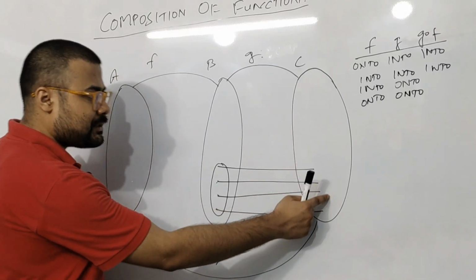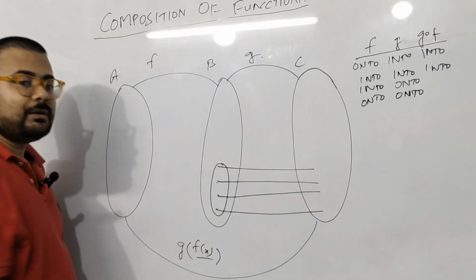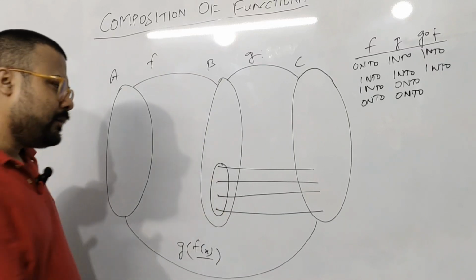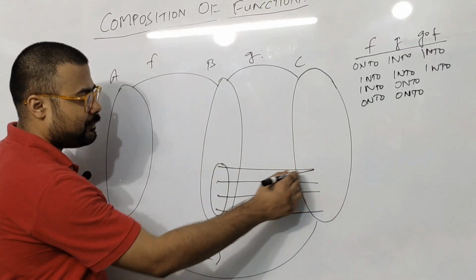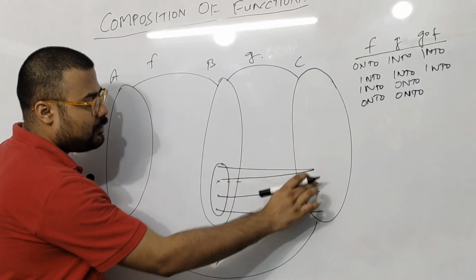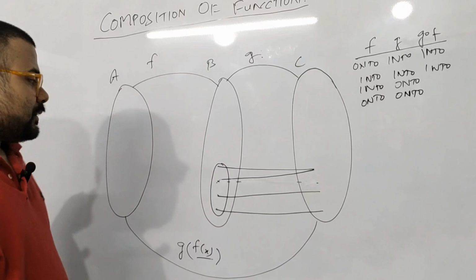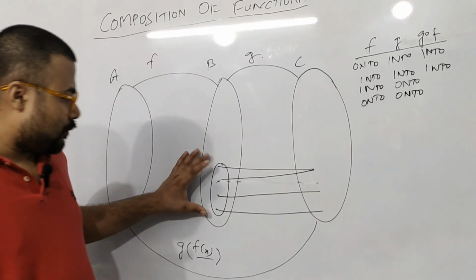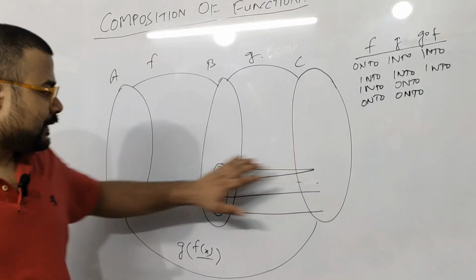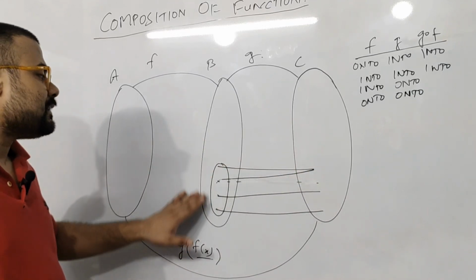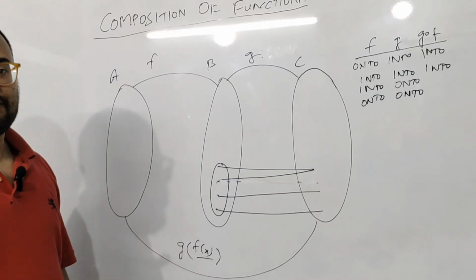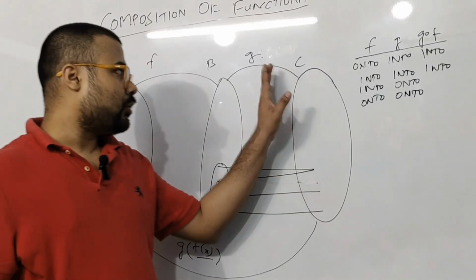So for these elements in your C, they don't have any pre-image other than this set. So maybe I can say that, okay, let's say this has a pre-image here also, and there's no such thing like this. I don't care. I am just saying, what if there is a set of elements in C that has a pre-image among these elements of B only, which is not in the range of f? In that case, your gof is into.